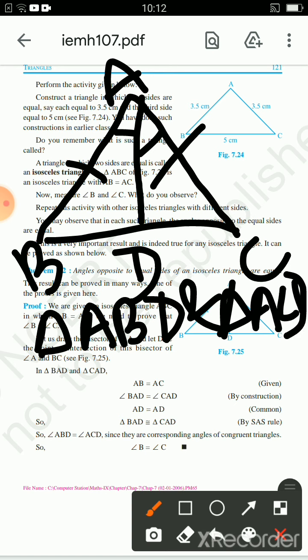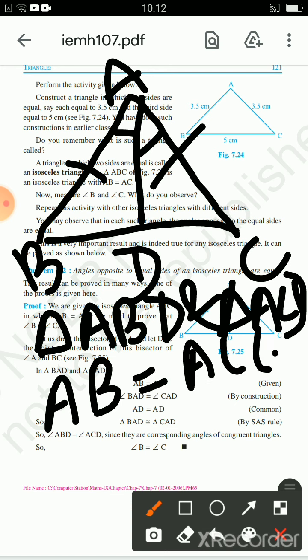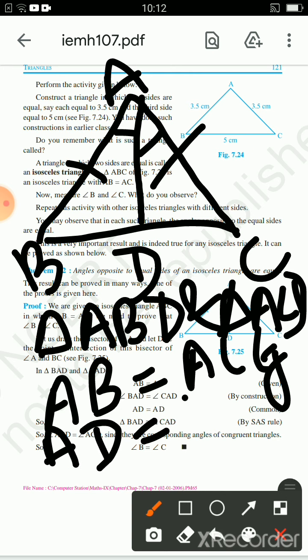in which AB equals AC, it is given; AD equals AD because it is common; and angle BAD is equal to angle CAD. This is by construction. So you see the two sides and the enclosed angle between them are equal.